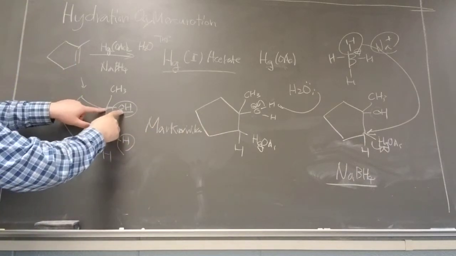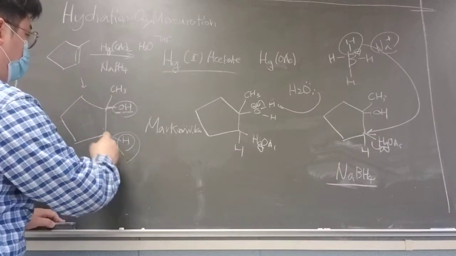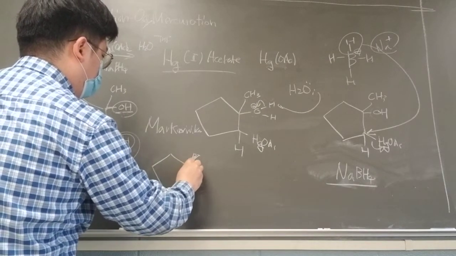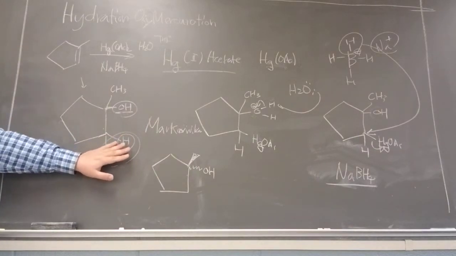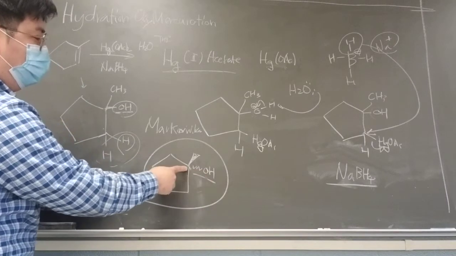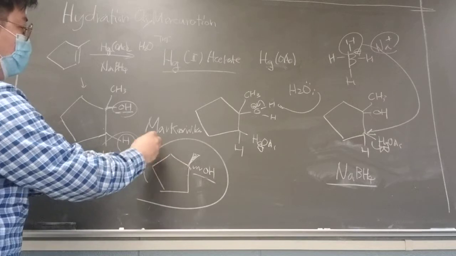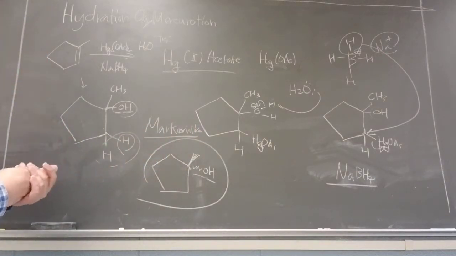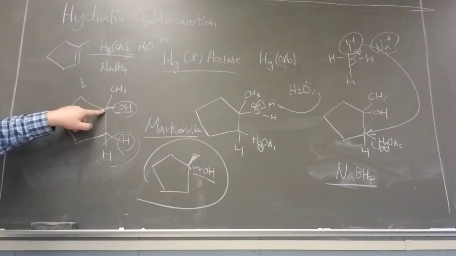Usually you don't see the hydrogen here, so maybe on your exam you'll just see this as your answer, because I normally show the hydrogen over here, right? So this is the final product. You see this hydroxy group on the most substituted position of the carbocation position here. So it also follows the Markovnikov rule, where you find the hydroxy group on the more substituted carbon.